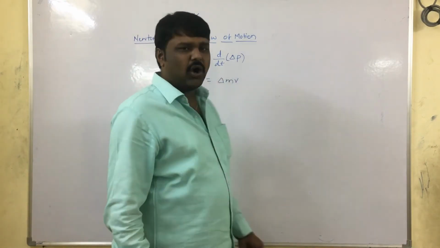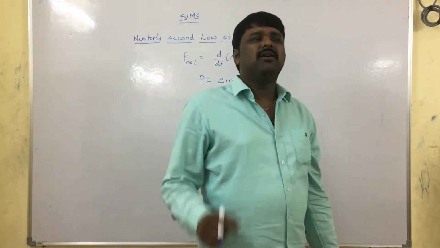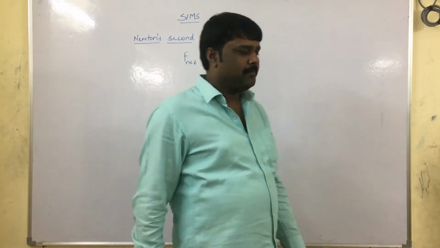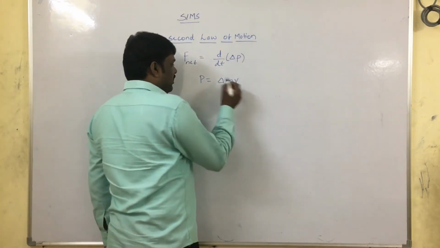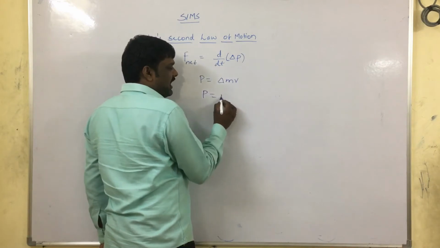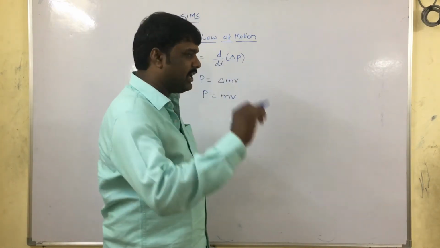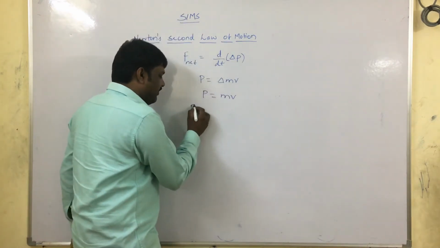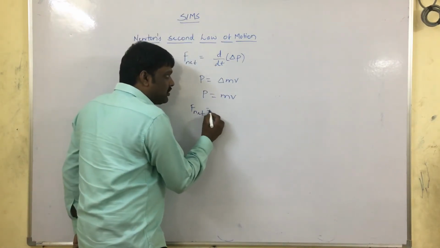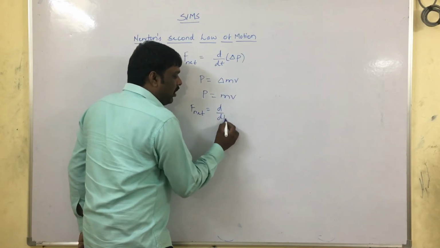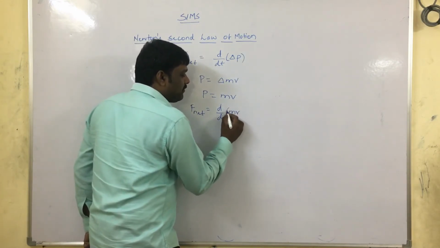Let us suppose that the object is initially at rest and its mass is constant. Then the linear momentum can be considered as mv. According to Newton's second law of motion, now let us see the derivation here. F net equals d by dt of mv.